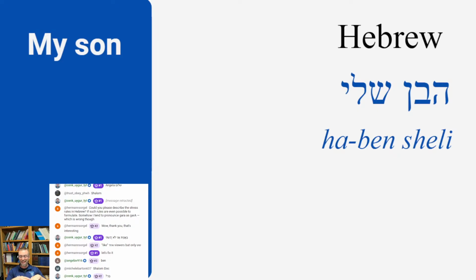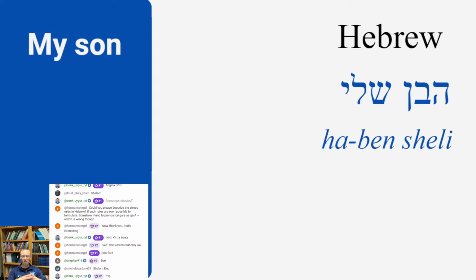So Jenk, in biblical Hebrew, that would have been the norm. Modern Hebrew goes a step further, and it has a more circuitous way of doing it, which is haben sheli, which is literally the son which is to me.